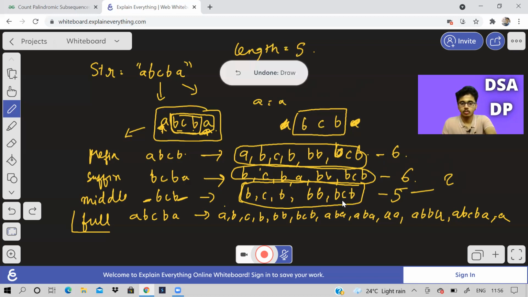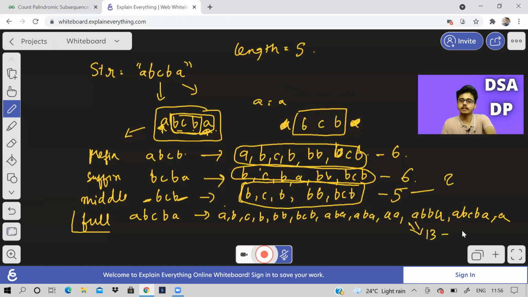So what we observe here is that, see, we got 13 here, correct? What is 13? 13 can be written as 6 plus 6 minus 5 plus 6.